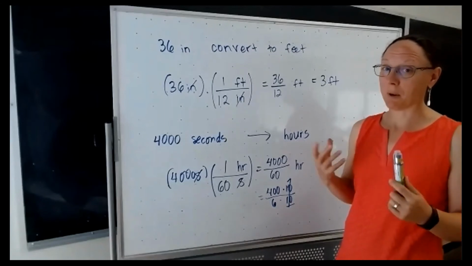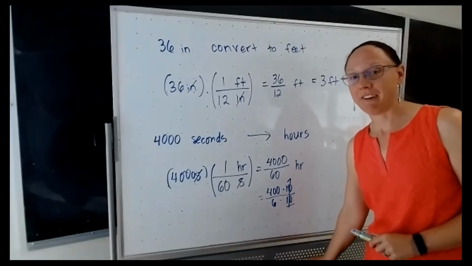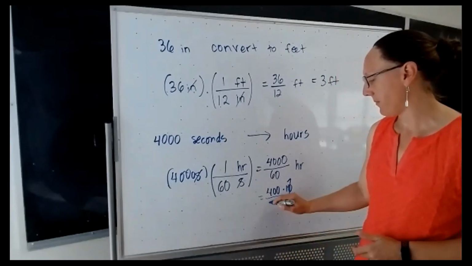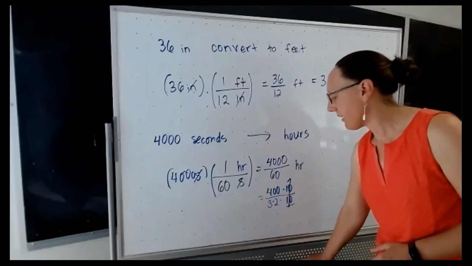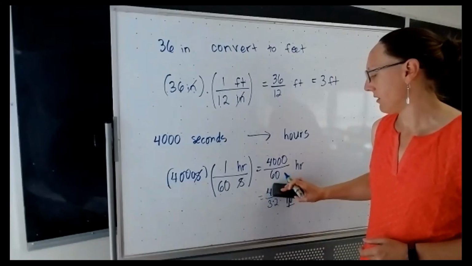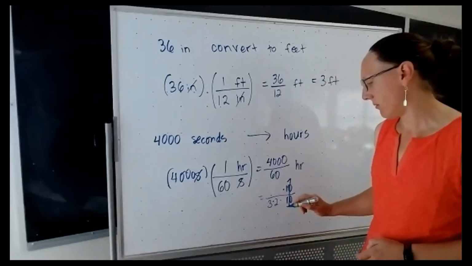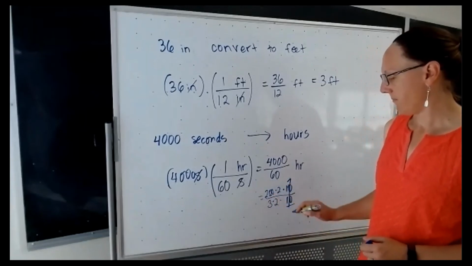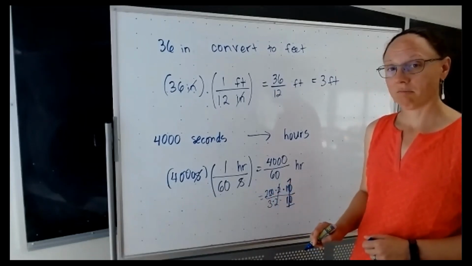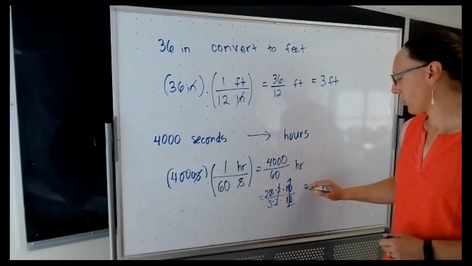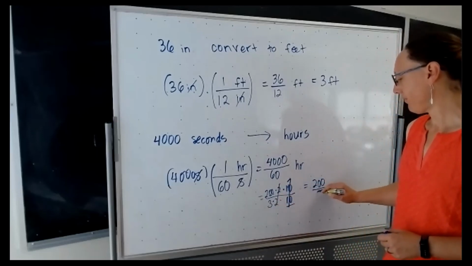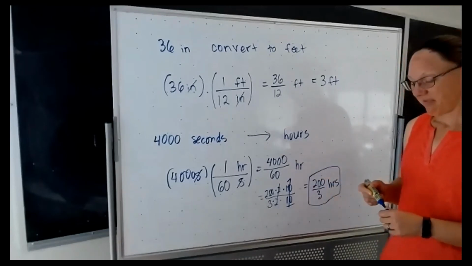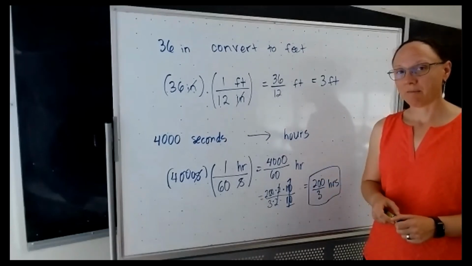And then if I do a little bit more factoring, I can factor the 6 for sure into a 3 times 2. And I can factor the 400 into a 200 times 2 and make the 2s go away. And then 200 divided by 3, that's probably where I would leave it.